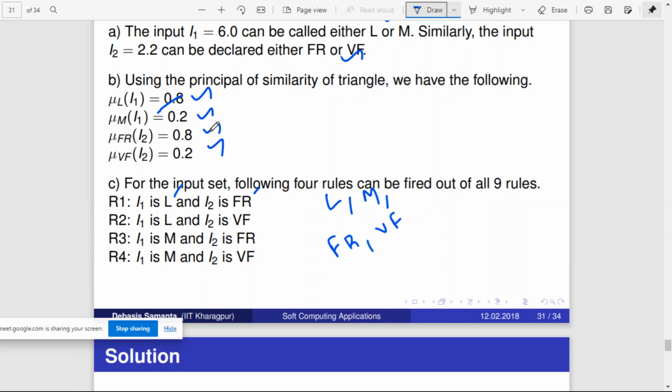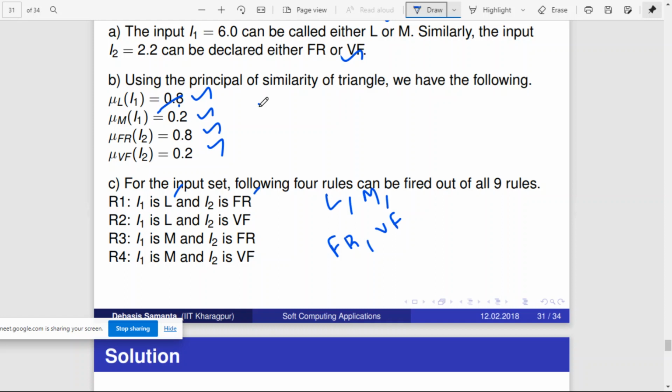R2 is L into VF. The membership value for L is 0.8. Here itself we can calculate the rule strength of R1, which is L into F4, 0.8 into 0.8. What is R2? R2 is connected with L and VF.